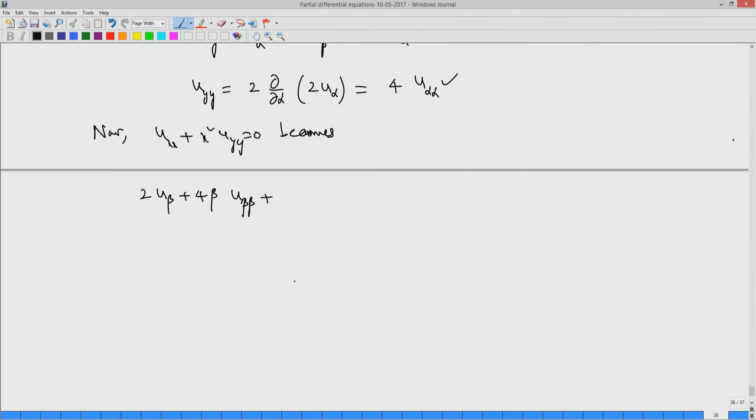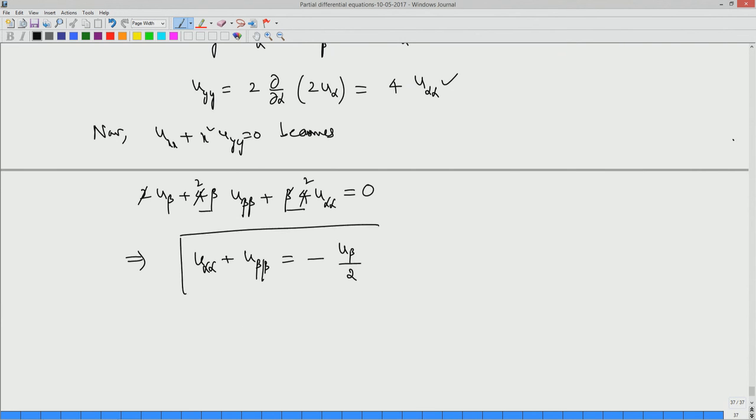So, you have beta into uyy, which is 4 u alpha alpha, equal to 0. So, this is nothing but 4 beta, you can divide. So, first the 2 cancels. So, you have ended up with u alpha alpha plus u beta beta equal to minus u beta divided by 2. So, this is your canonical form, the required canonical form.